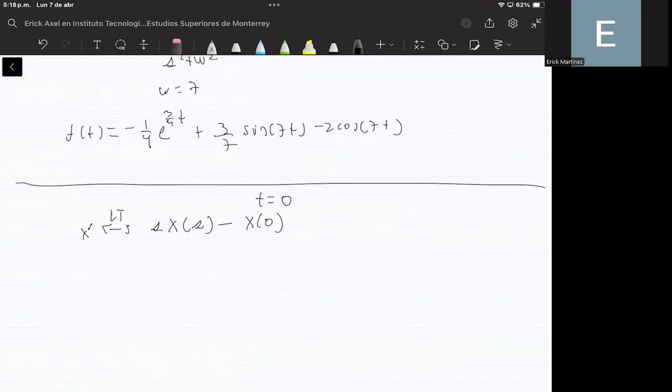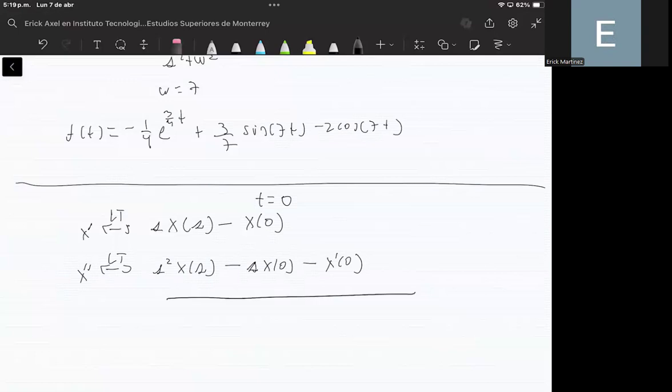And if you have a second order derivative, the Laplace transform is s squared times x of s minus s times the initial condition of the function minus the initial condition of the first order derivative. Okay? So we can use these expressions in order to compute the Laplace transform of derivatives.